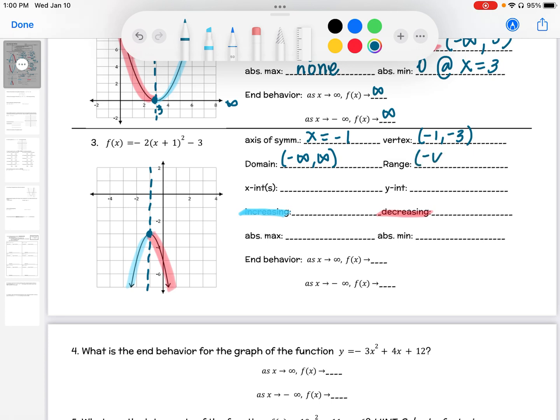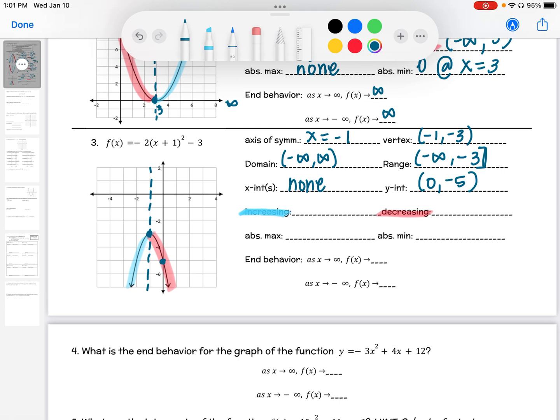Range, we're going to have -infinity to -3. Hard bracket on that -3. X-intercepts. If you notice this, our graph does not touch the x-axis at all, so we have no x-intercepts. Y-intercept, we do cross at 0, -5.